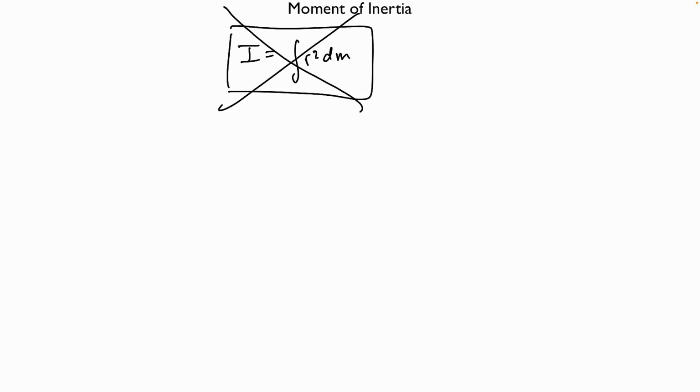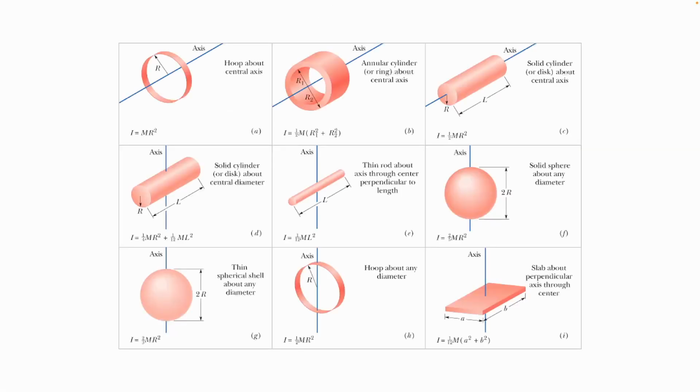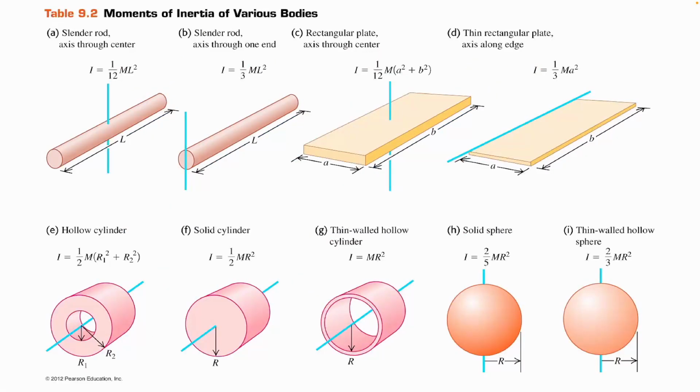And the way that we're going to make other people do the integrals is by having a table of shapes. Now, this is the table in your book. I don't like it. It's too big. I don't like the font. It's got small writing on it. I like this one better.